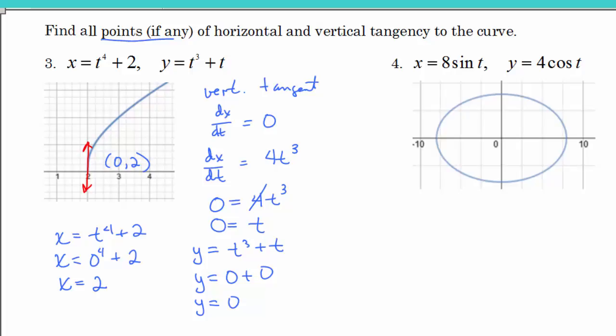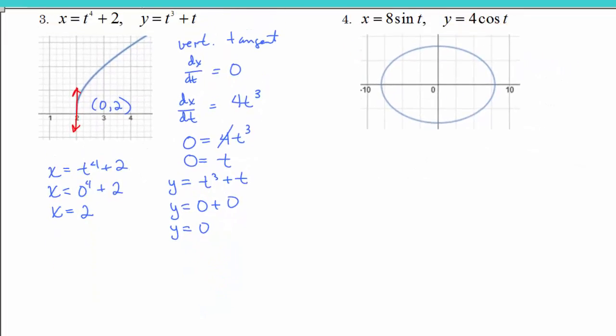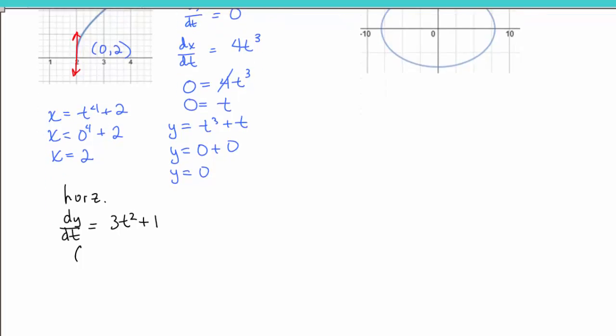But let's go ahead and look at possible horizontal tangents. Doesn't look like our graph gives us any, but let's do the math. We have a horizontal tangent if dy/dt is equal to 0. If I take the derivative, I would get 3t squared plus 1. If I set that equal to 0, let's see what happens.